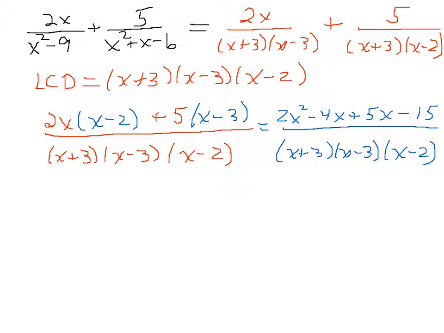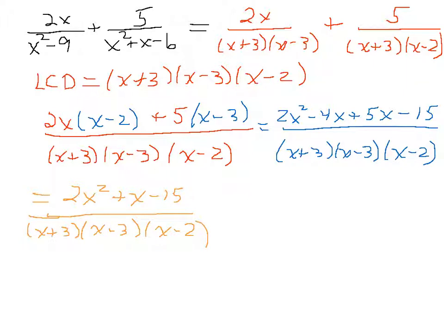Okay, that fit pretty well. So now if we combine like terms on the top, it looks like we get 2x squared plus x minus 15. Got to keep writing this bottom. So it's x plus 3, x minus 3, x minus 2.